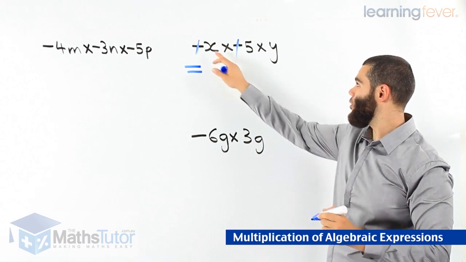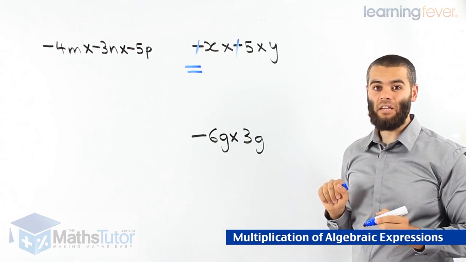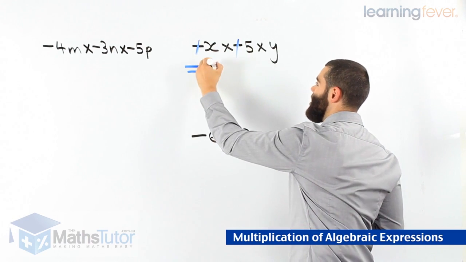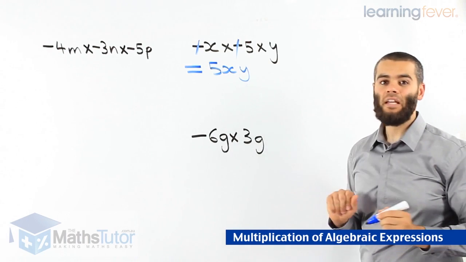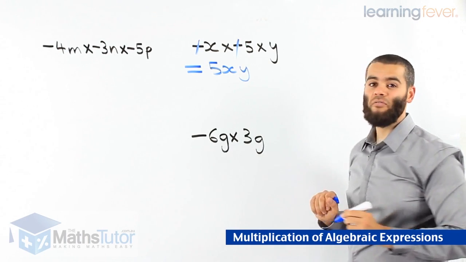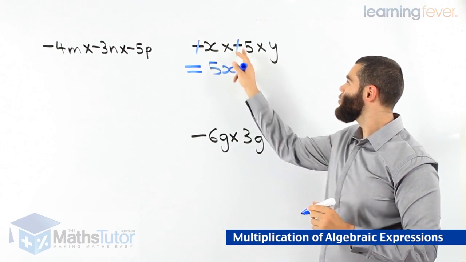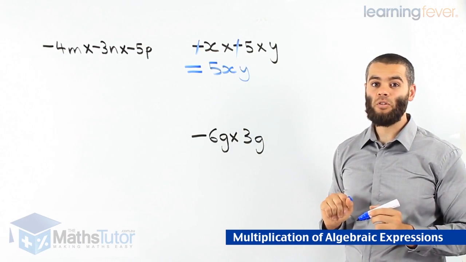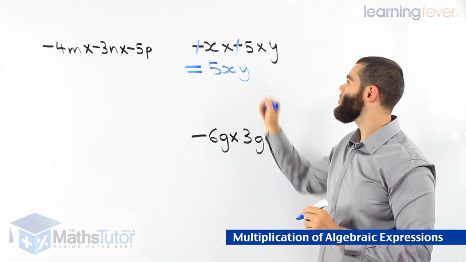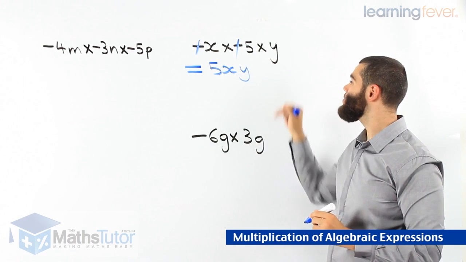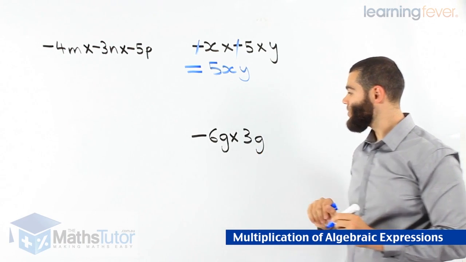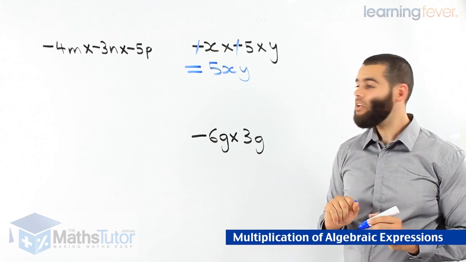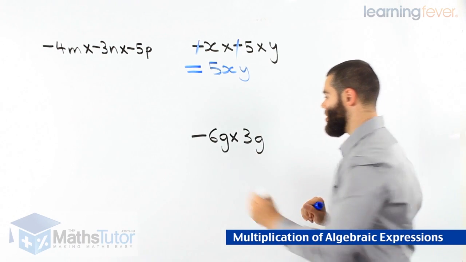So x times 5 is 5x. 5x times y, 5xy. The two negatives cancel each other out in multiplication. So the answer is 5xy.